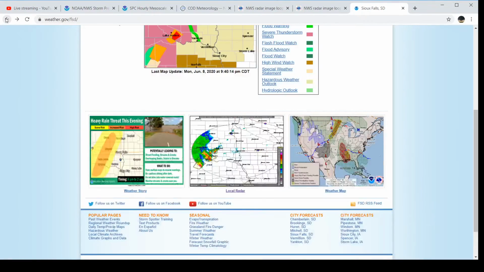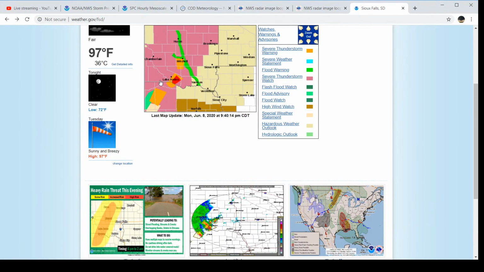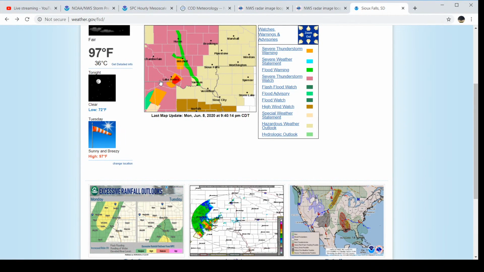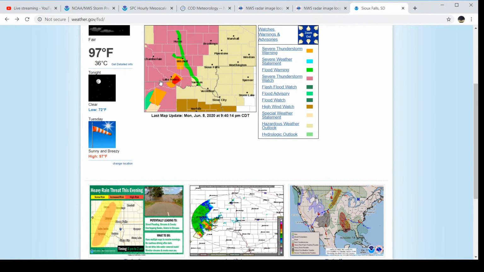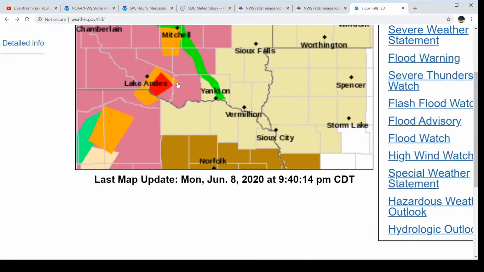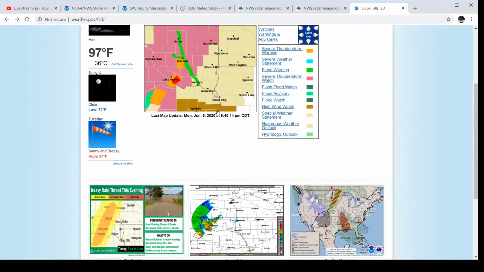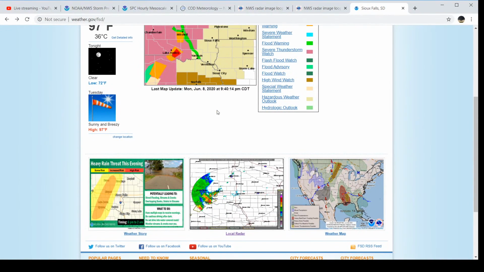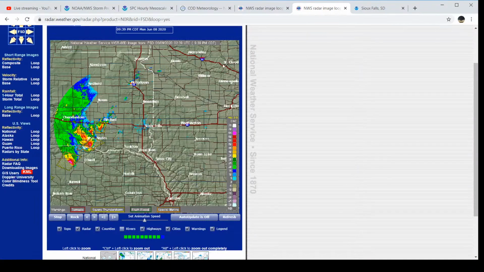Okay, so it's near the southern one, southeast of Lake Andes. So if you're anywhere in this small polygon, please take shelter. Get away from all windows. Please don't step outside and try to look at it. Probably not the best idea. I know everyone's very fascinated, oh hey, tornado warning, let's go outside and look. Like I said, that's not the best idea.